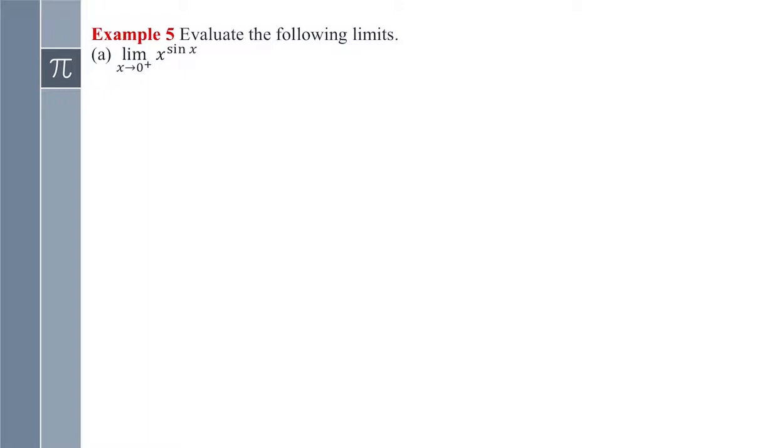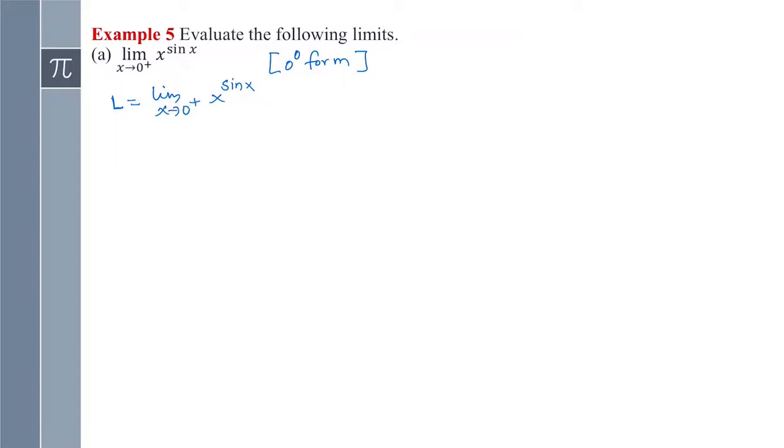So this is x to the sine x. If I plug in 0, I get 0 to the sine of 0, which is 0 to the 0 form. As I told you earlier, in that case we are going to take the natural log on both sides. So I'm going to write L equals, where L means the limit, as x approaches 0 from the right of x to the sine x.